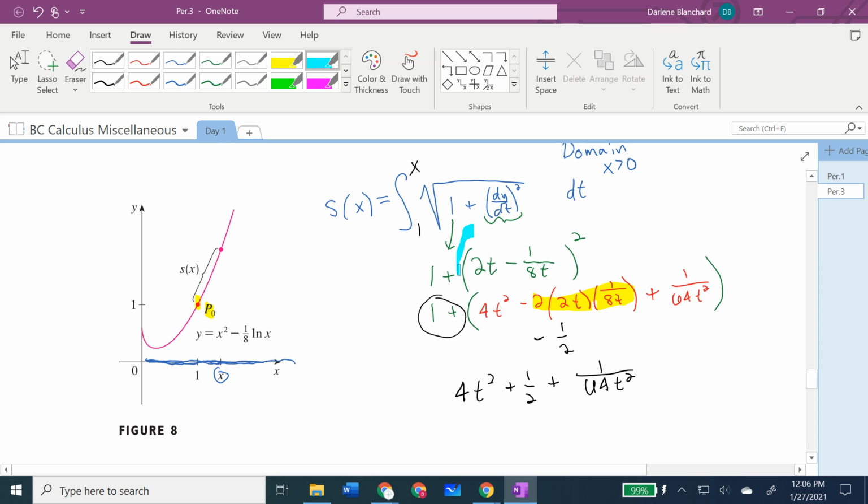When we squared this binomial, we got this, but with a negative 1/2, not a positive 1/2.